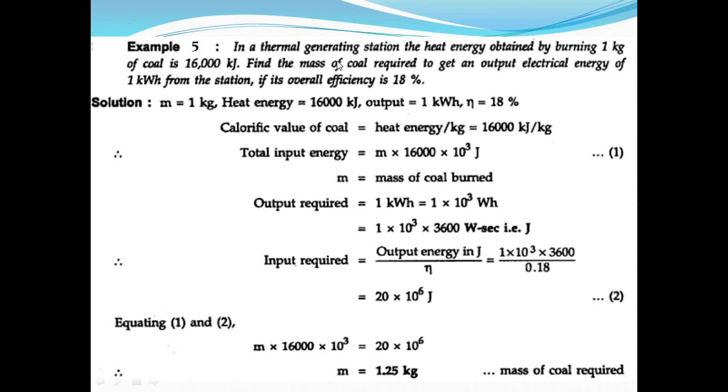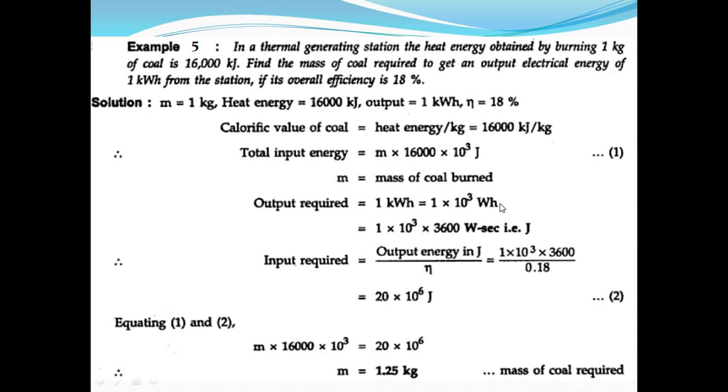Now this is a thermal generating station, and that means the input is thermal energy and output is electrical energy. Again this energy is related to calorific value, so input energy is mass into calorific value. So in total, input energy is equal to mass into calorific value. Now the output electrical energy is given as 1 kilowatt hour.